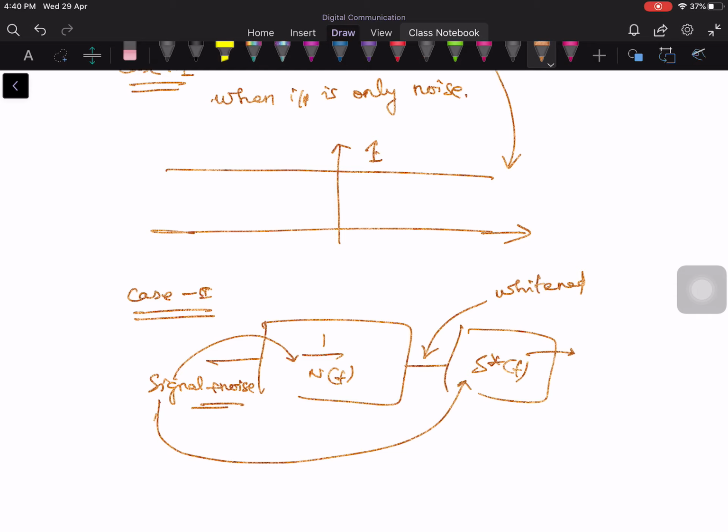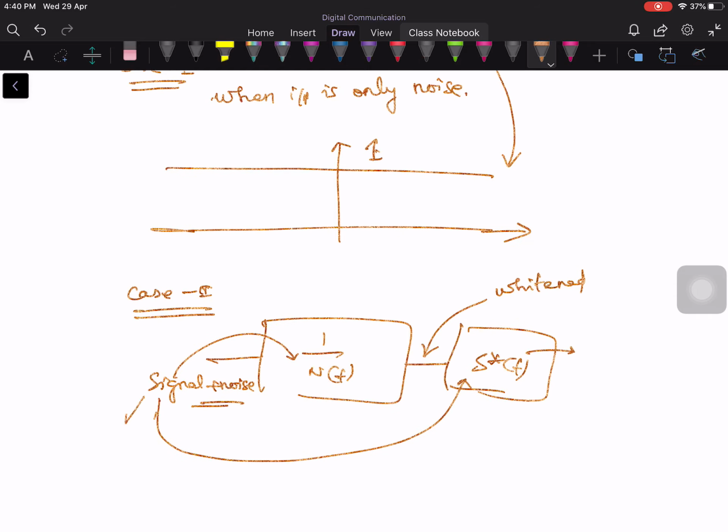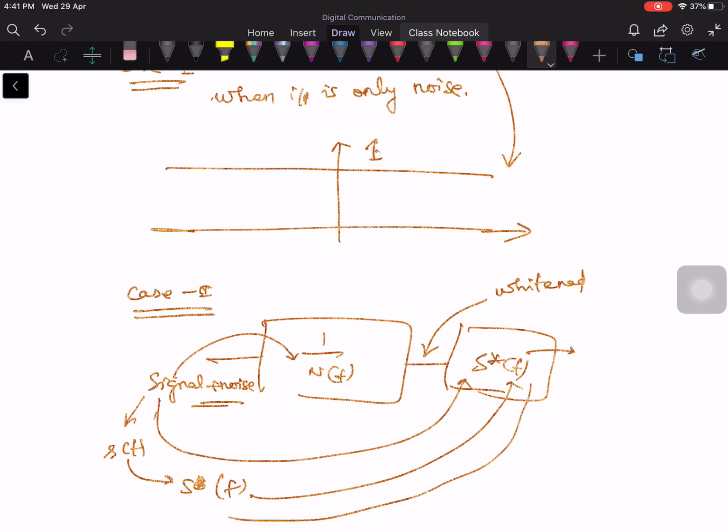And since the input signal is matched to the signal itself, the signal is denoted by s of t, and if you take Fourier transform, if it is a complex signal, S conjugate of f, or let me say S of f, and this block is matched to the signal itself, the Fourier transform of the signal itself. Therefore, we can say matched. So the filter transfer function is matched to the signal itself.